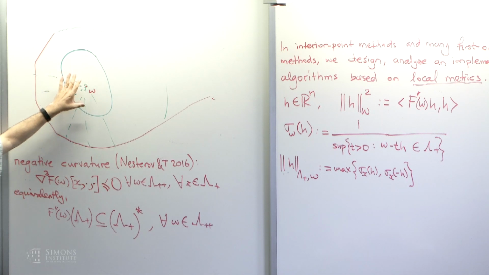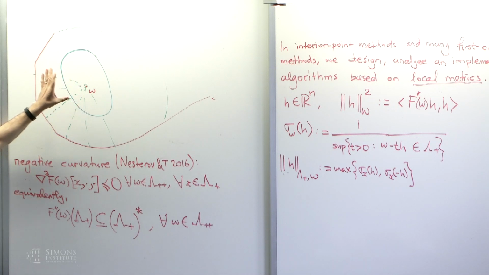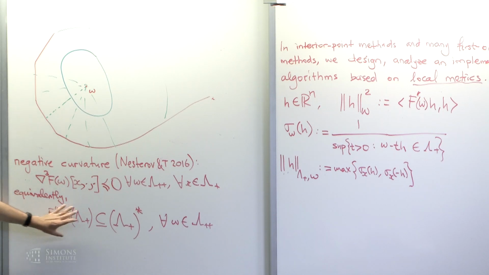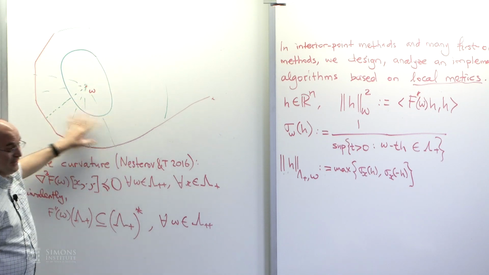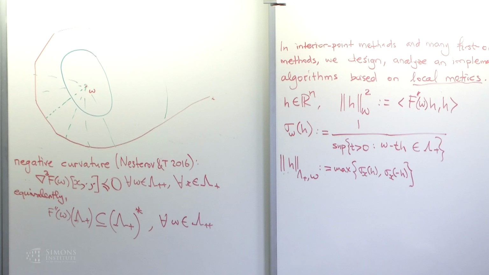It's this blue ellipsoid, and it's always in the interior, and you can use it to design and analyze algorithms, and they're typically going to be what we call short-step algorithms. Whereas this convexity of that gradient function, or the negative curvature equivalently, or this beautiful geometric condition that the Hessian of this function maps the hyperbolicity cone into the dual cone all the time, guarantees that you could work with this largest centrally symmetric convex set as your approximation.